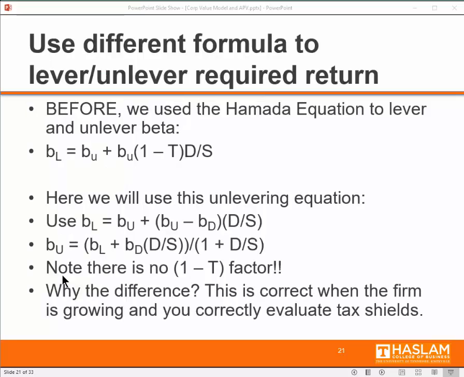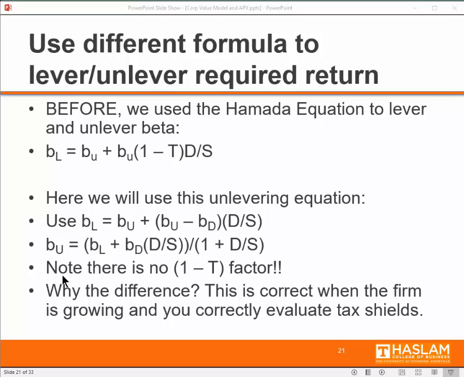So one thing to note is we have to calculate the unlevered required return on equity. So RU, that's a number that we need to calculate. It's not something that's readily observable, and we have to do some work for it. Now, when we were discussing capital structure before, we discussed something called the Hamada equation.